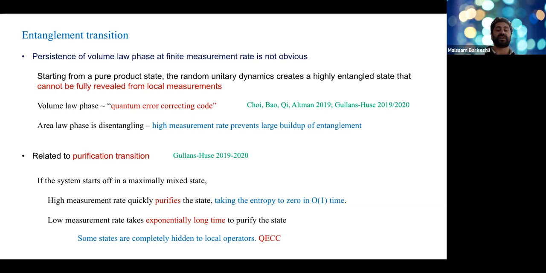The phase which takes exponentially long time to purify is the phase where you have low measurement rate, so you can't efficiently distinguish between the different states in this maximally mixed state. And so it takes you exponentially long time to purify the state. This exponentially long time to purify the state, that phase is the volume law phase in terms of entanglement, whereas the purifying phase is the disentangling, area law phase.